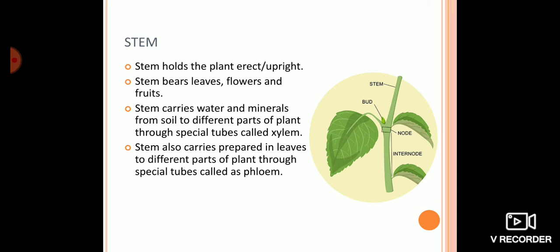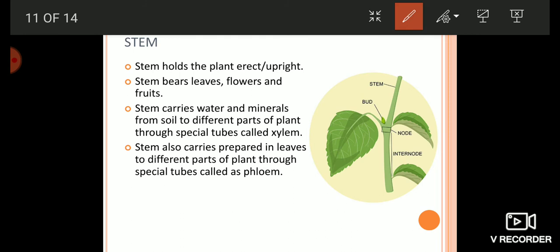Now first, what do you mean by node? A point on the stem where a leaf, a branch or a bud arises is called a node. So there are several nodes present on the stem.